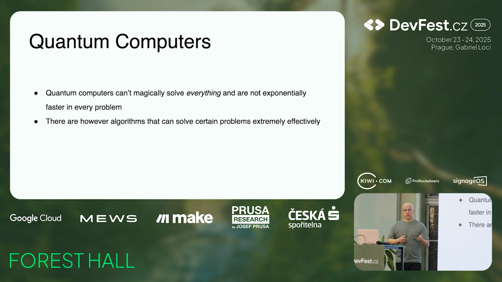What they can do is that there are specific algorithms that are designed for quantum computers, and on quantum computers, they can solve certain problems in an extremely more effective way than on traditional computers, right? So I just want to say that not for every problem does a quantum computer need to be faster, but there are problems that quantum computers are faster in.